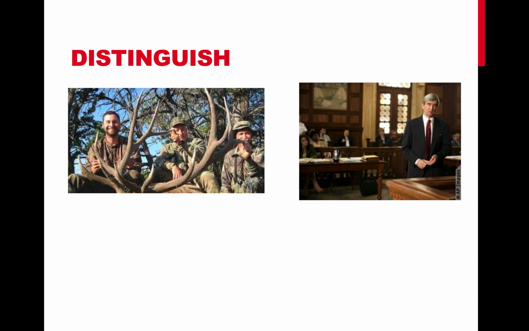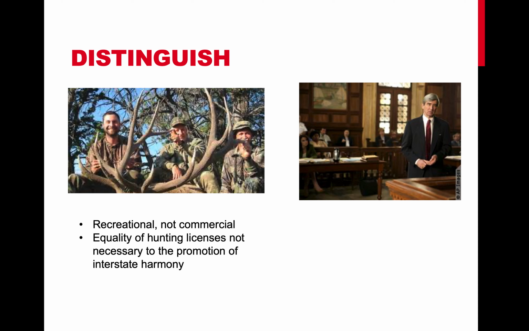Is it more like elk hunting? Is it a mere recreational, non-commercial activity? Is it something that you can conclude through some argumentation that it's not necessary that equality occur to promote interstate harmony? Or is it a fundamental right?